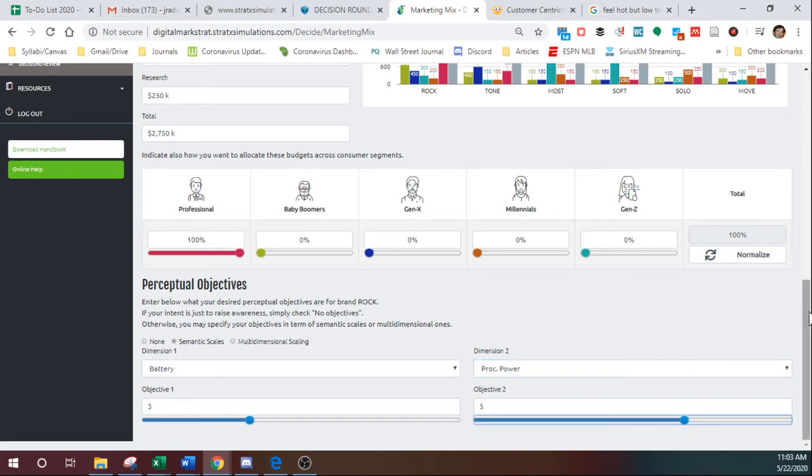So these are instructions to the advertising team to create messages that focus on this level of battery life and this level of processing power. This is how you change perceptions or the position of your brands. So you definitely want to use these every single time.